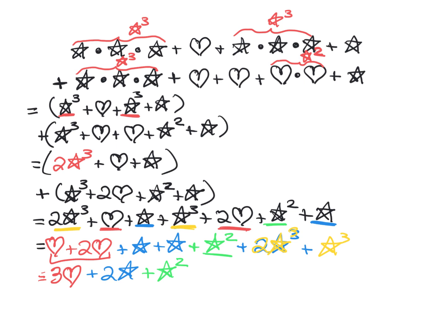And when I have 2 groups of 3 stars multiplied together and 1 group of 3 stars multiplied together, that will give me 3 groups of 3 stars multiplied together. Okay, and that's as far as I can go.